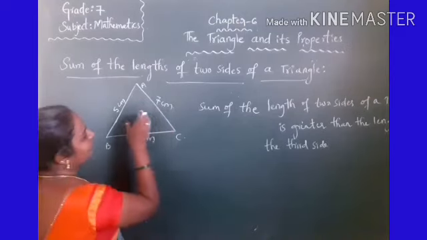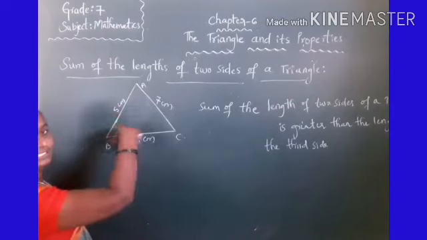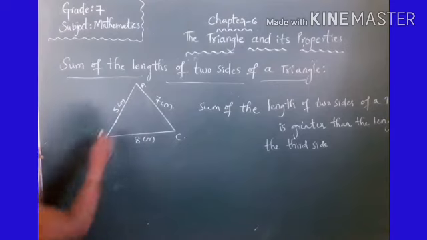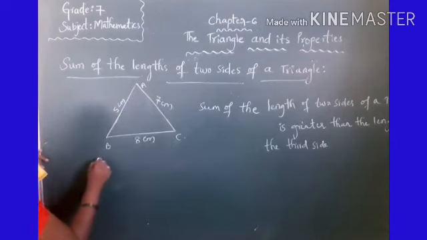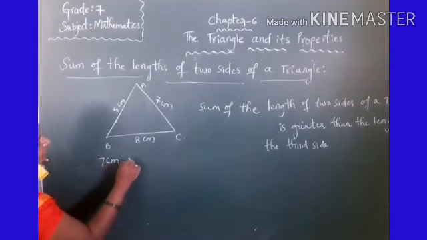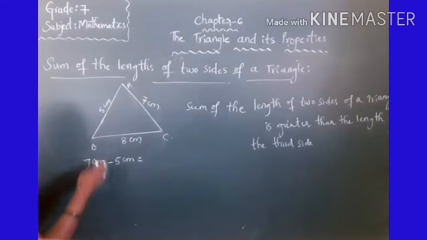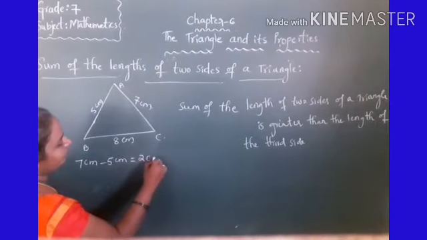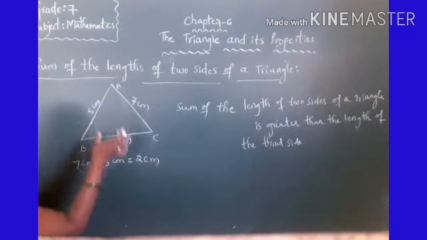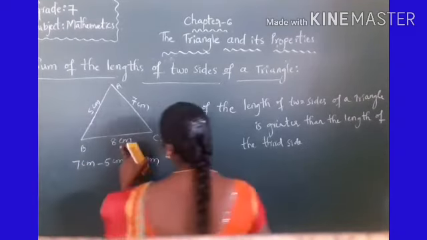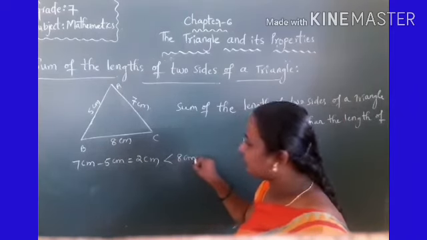Now observe the difference of the lengths of two sides. First take these two sides: 7 centimeters minus 5 centimeters gives 2 centimeters. Is this 2 centimeters greater than or less than the third side? Yes, it is less than the third side.